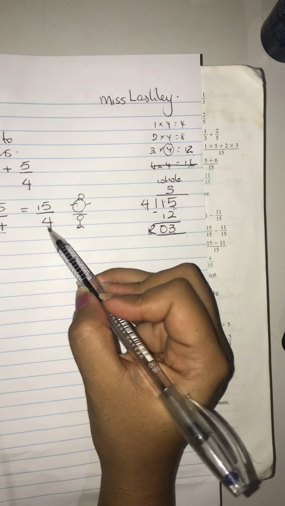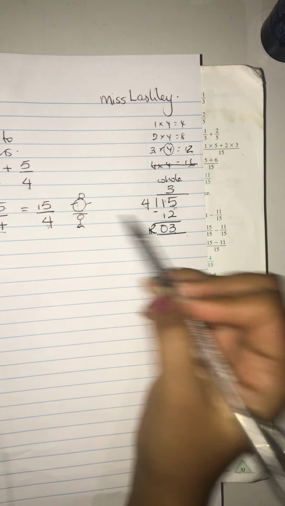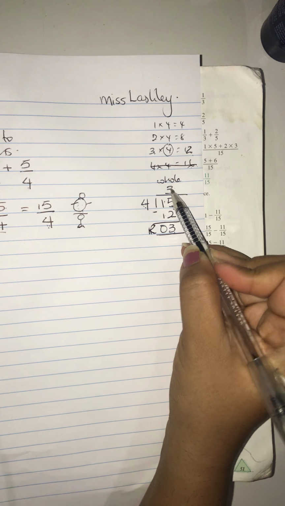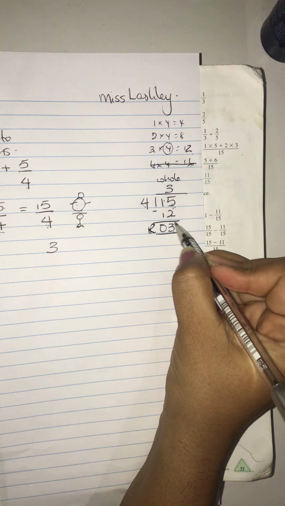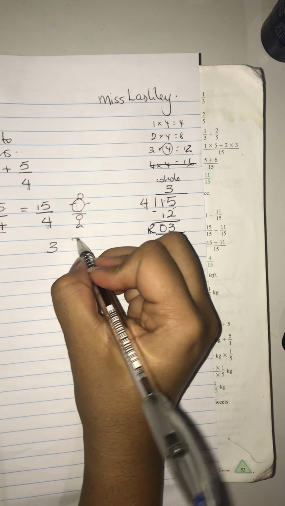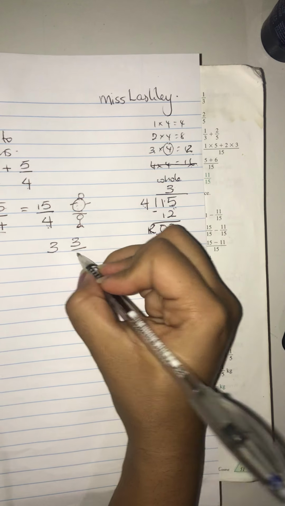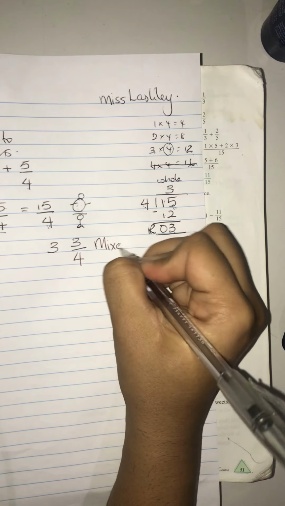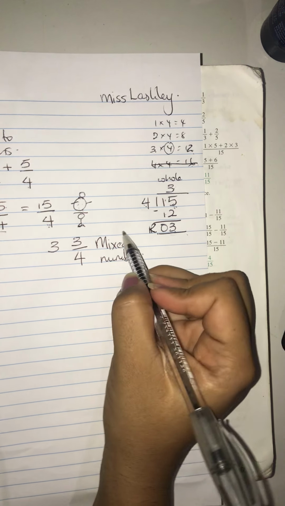Now, we must never forget the family. So, 4 into 15 will give us 3 wholes, and 3 out of, what is the family? 4. So, as a mixed number, this is our answer.